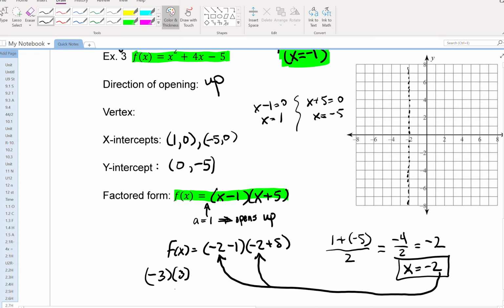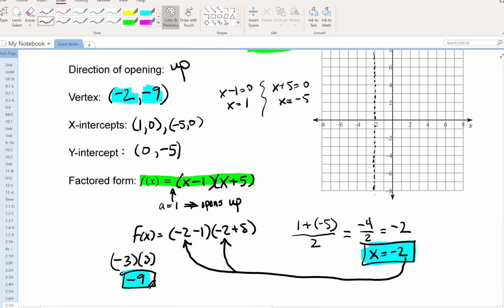And so -3 times a +3 is -9. Which means my vertex is at the point -2, from the x-coordinate of the axis of symmetry, and -9. So -2 comma -9.